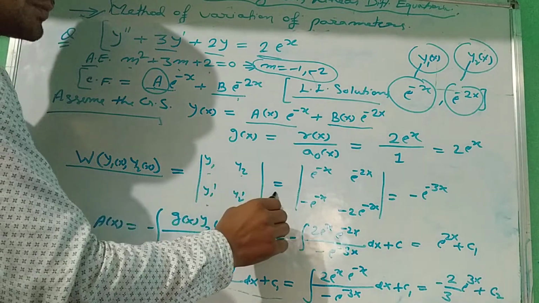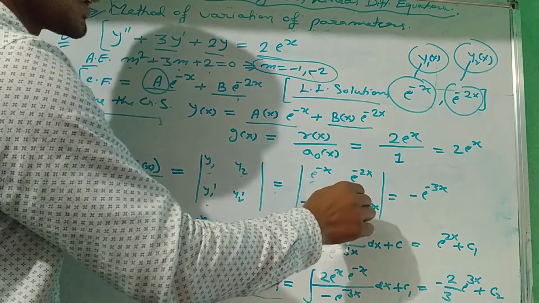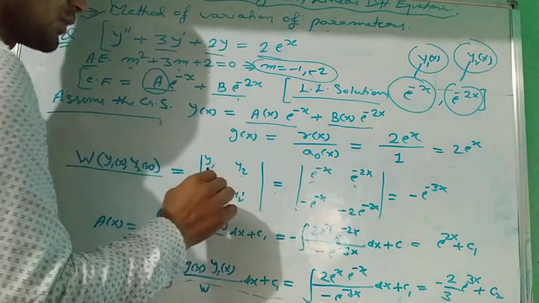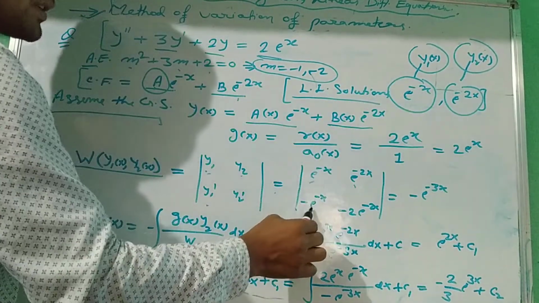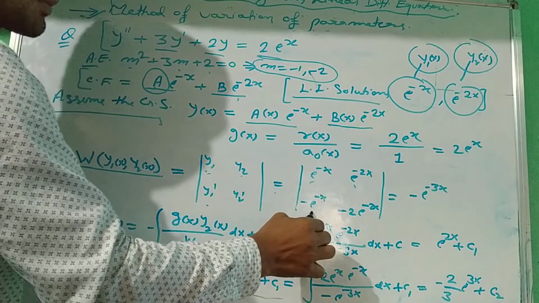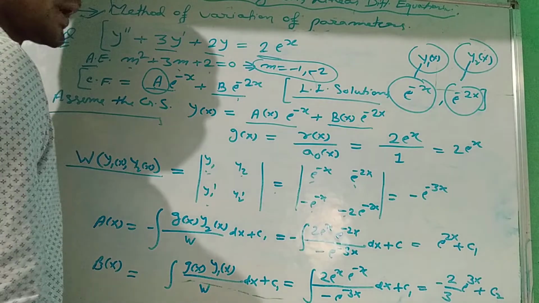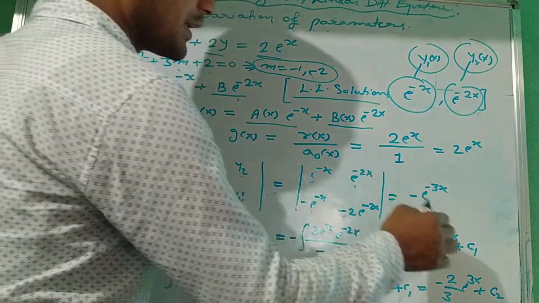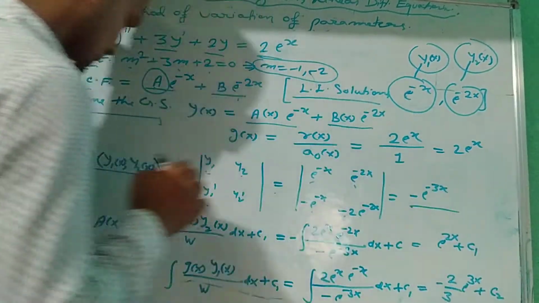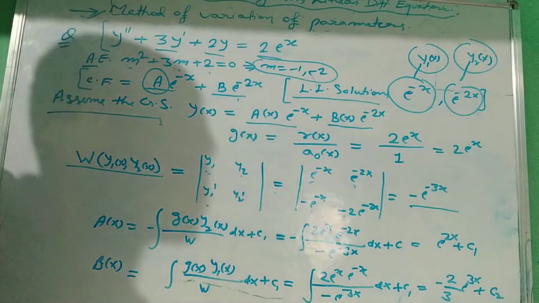It is equal to e to the power minus x, e to the power minus 2x, and the derivatives are minus e to the power minus x and minus 2 e to the power minus 2x. After solving this determinant, we have the Wronskian equal to minus e to the power minus 3x.